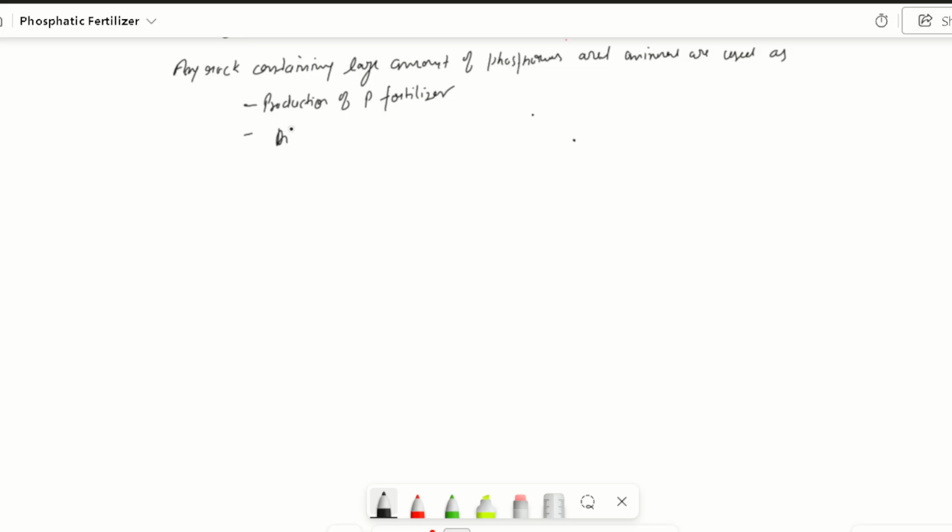Also, production of industrial phosphorus compounds.